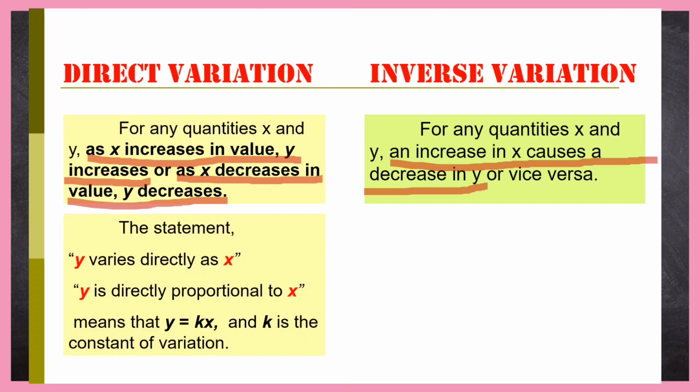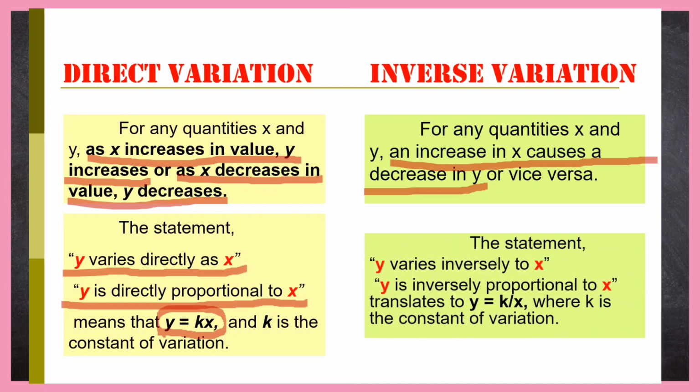In direct variation, we have the statement y varies directly as x, or y is directly proportional to x, which means y equals kx, wherein k is the constant of variation.